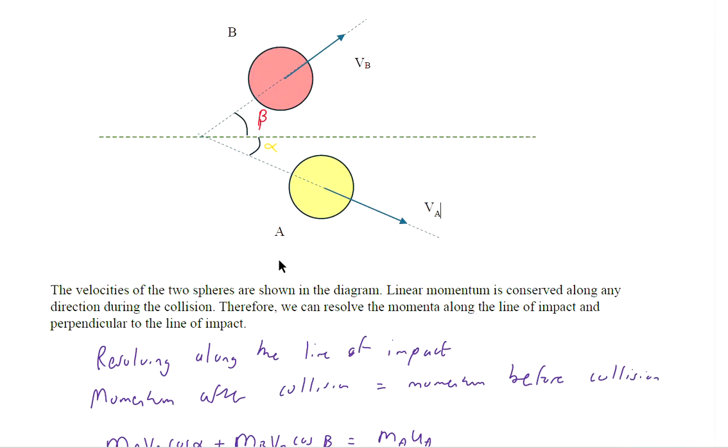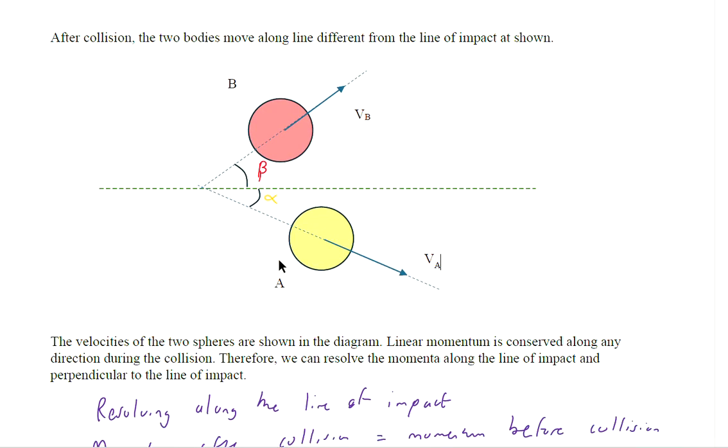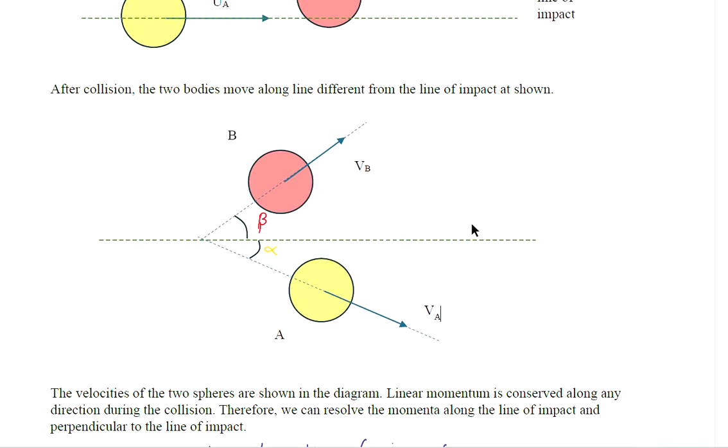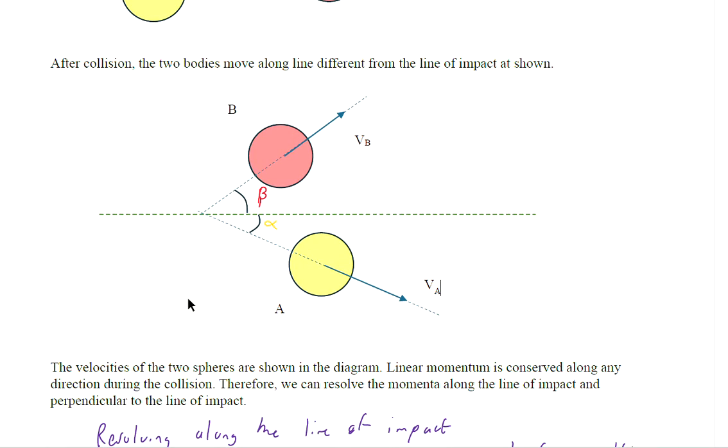So let's get back to this small problem here. So our two spheres A and B are colliding with each other and moving outward. Now, if I want to find the velocity of one of the objects after collision, I will need to be using conservation of momentum, whether the collision is elastic or not.